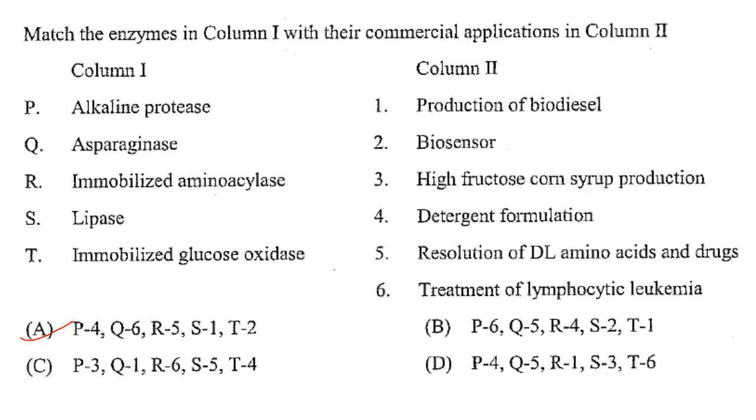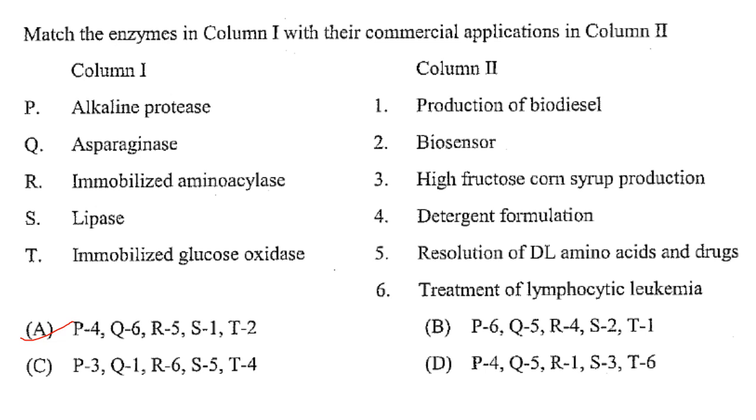Then match the enzymes in column 1 with their commercial application in column 2. Alkaline protease. Alkaline protease is detergent formulation. Proteases are used in detergents. So P4. So B and C can be omitted. We will see A and D. Asparaginase. Asparaginase is treatment of lymphocytic leukemia. It is used there. Q6. So A is the answer.